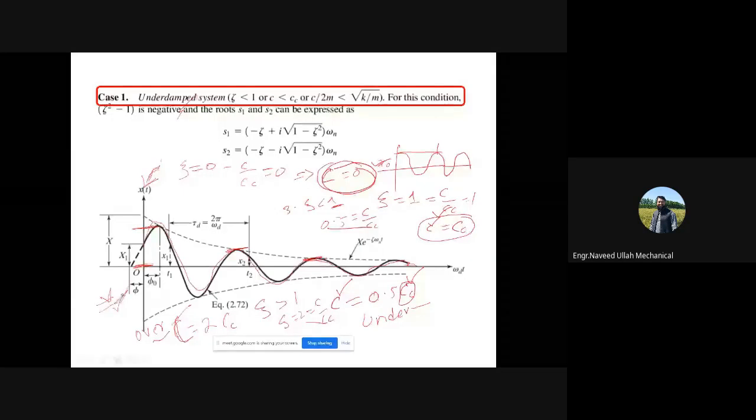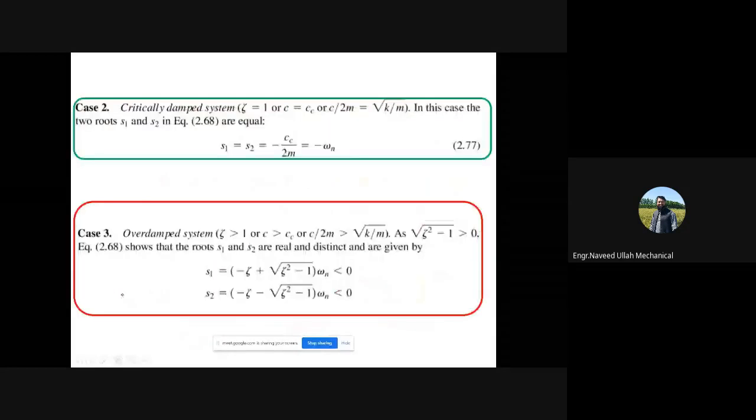ठीक है, तो ये जो है ना चीजें आप यहाँ से देख सकते हैं, ये हमने डिस्कस की है. राइट, this is critical damped system and over damped system. ये एक ही पिक्चर में सारा डिपिक्टेड है. ठीक है, you can see this is the undamped system. ठीक है, ये zeta is equal to 0 है, and this is the underdamped system for zeta less than 1.